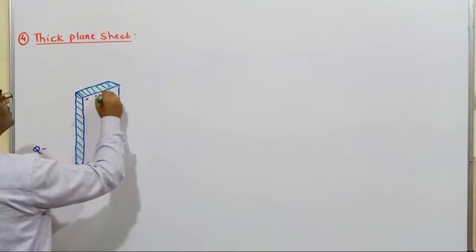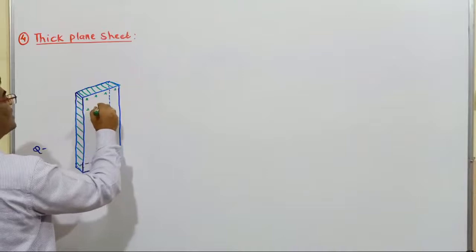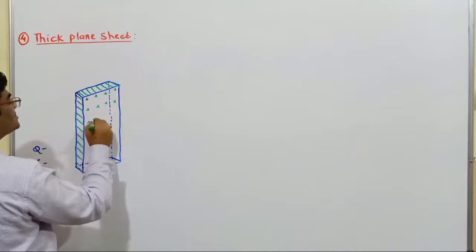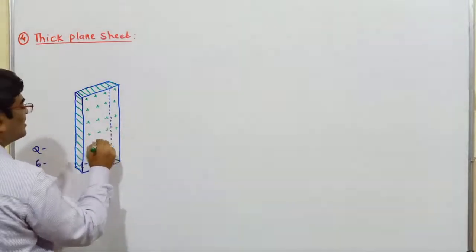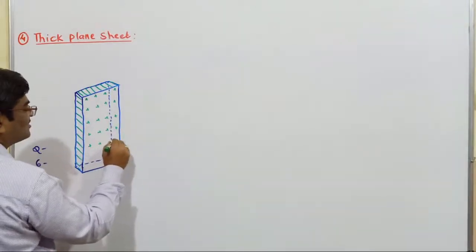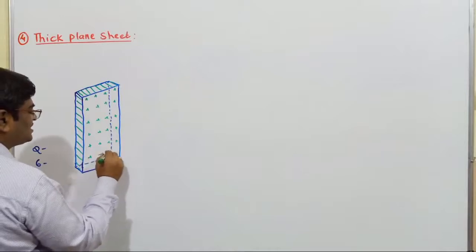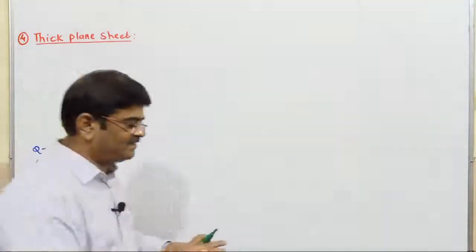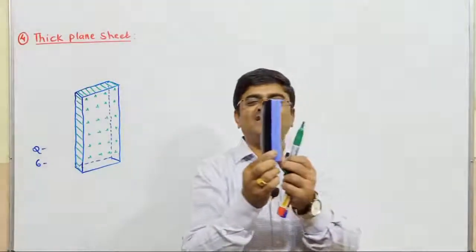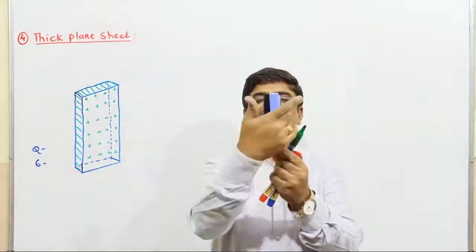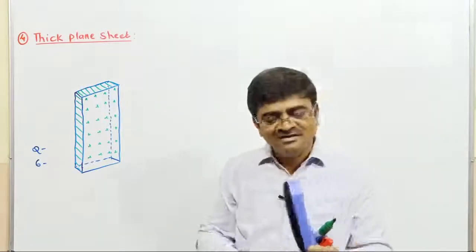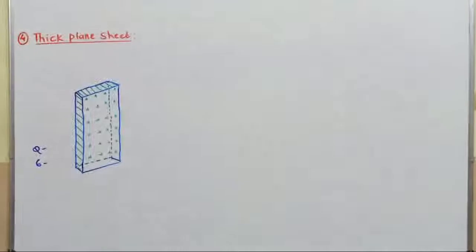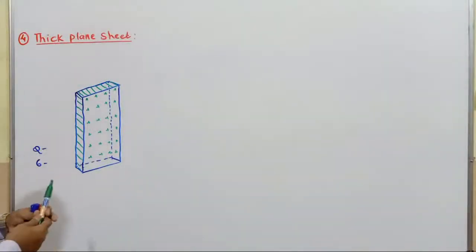And remember children, the charge given to the sheet will get distributed on its surface, as usual if it is a conducting one. I have a charge to this side, and a charge to this side.